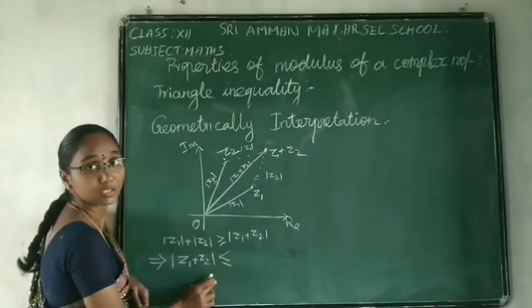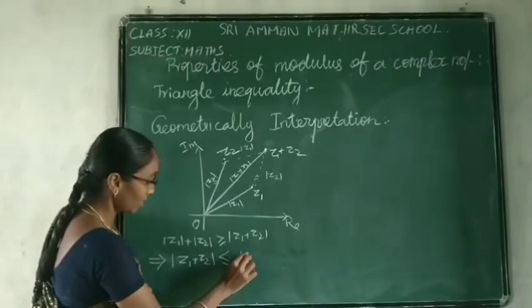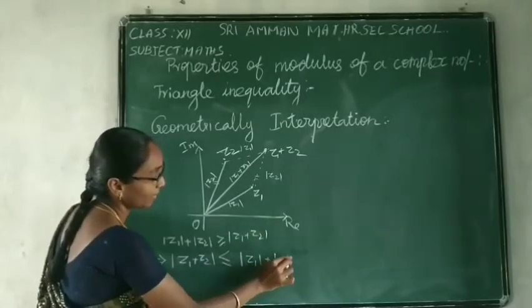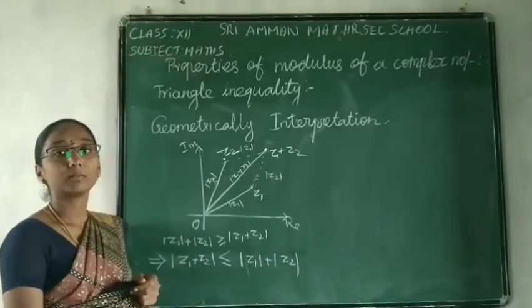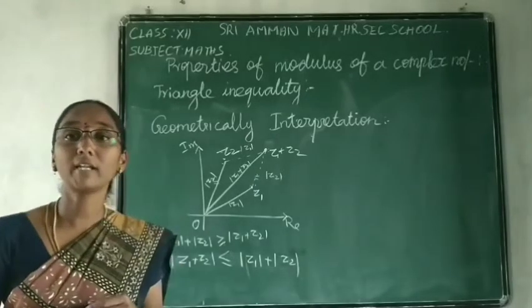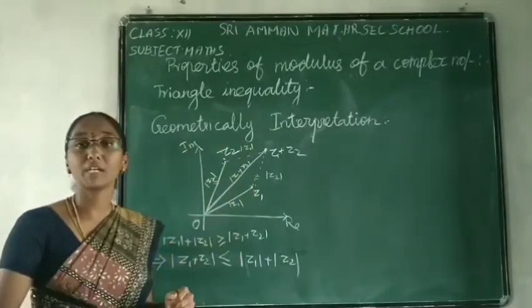Simple change. So modulus of Z1 plus Z2 is less than or equal to modulus of Z1 plus modulus of Z2. Okay. This is how the triangle inequality is easily understood and proved by geometrical interpretation.